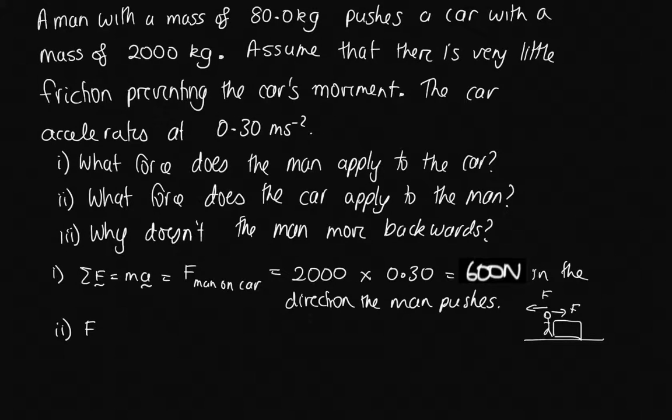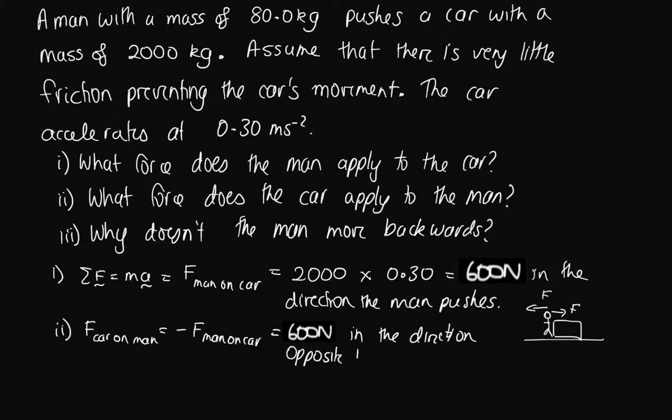So F of car on man is equal to minus F of man on car. So this is equal to 600 newtons in the direction opposite to the one the man pushes in.